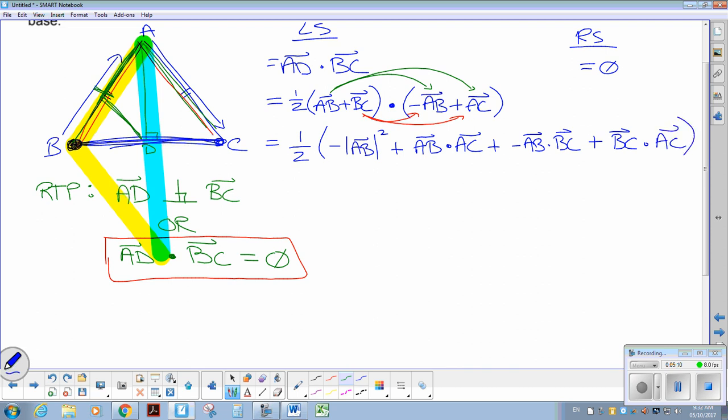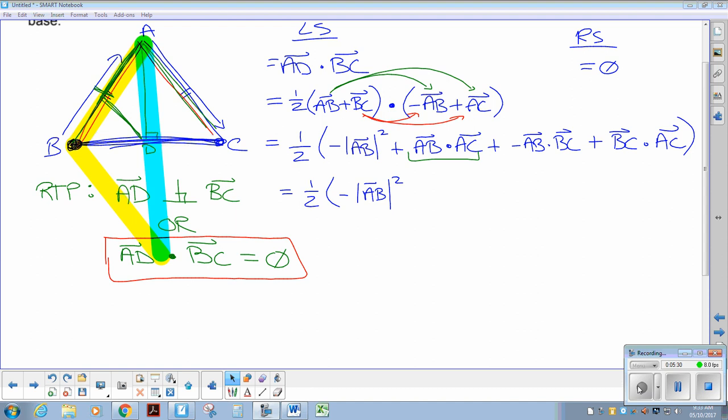Now we have to do a little bit of cleanup here. The first one's already a single term, so I'm going to leave it as is, AB squared. Now I have AB dot AC, and I realized, and hopefully you caught it too, back here for AD, I don't know why I wrote BC. It should have been AC, my mistake, because this vector that I slid right here is AC slid.